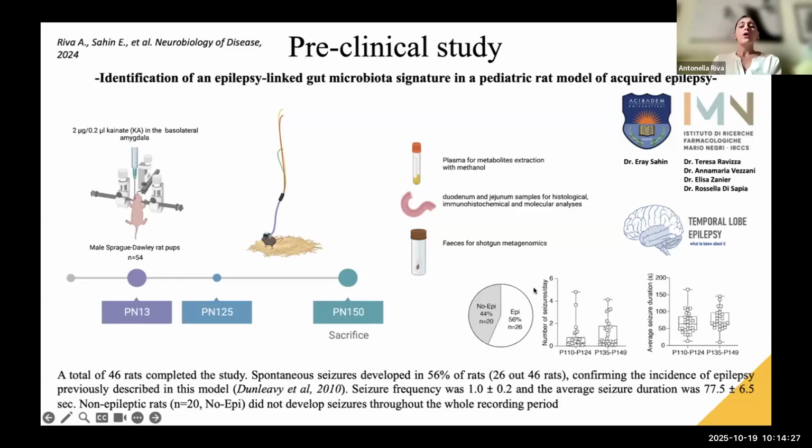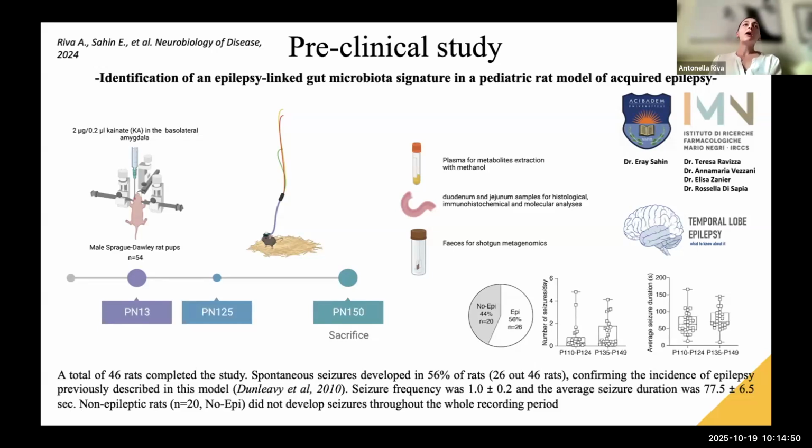Furthermore, we know that in this model about 60% of the rats develop epilepsy after the injection of kainic acid, but about 40%, despite the injection of kainic acid into the amygdala, do not develop epilepsy.